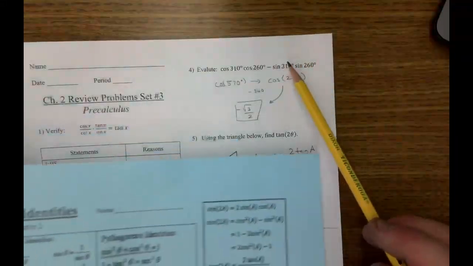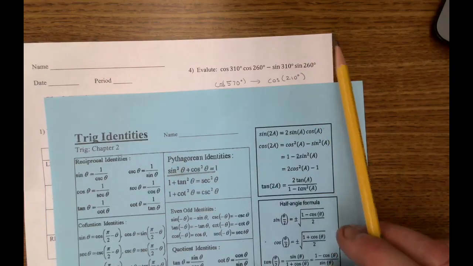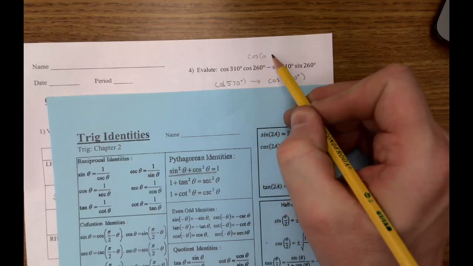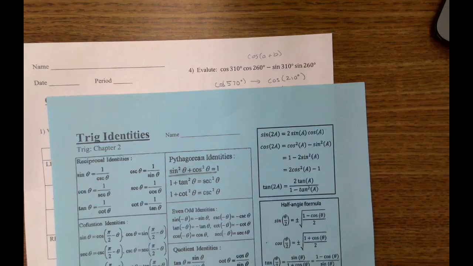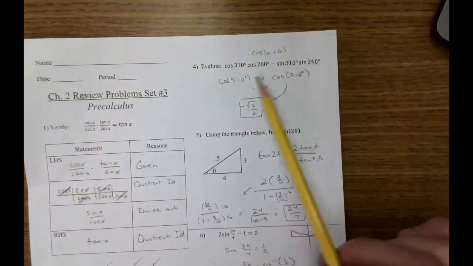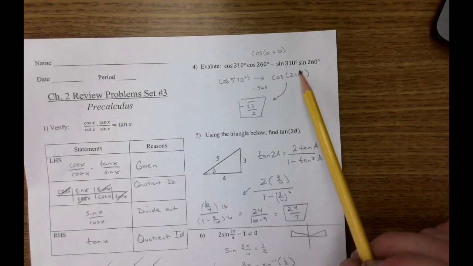What does this look like? Well, to me, this looks like the same exact problem we just did right here. Cosine of A plus B. It's this formula. Now notice it's cosine. It's plus here, but it's minus over there. So then I just add them. Cosine of 570. If I take off 360, I'm still at the same angle.